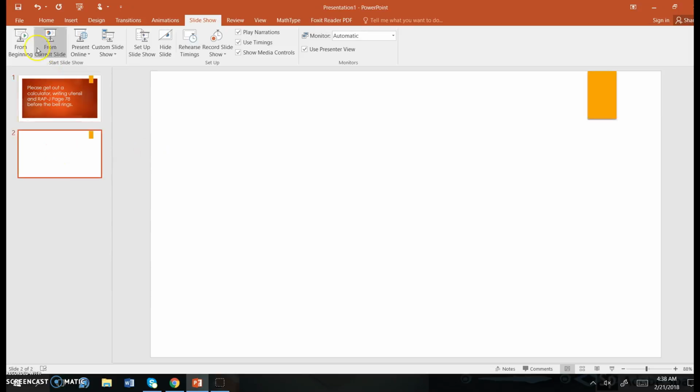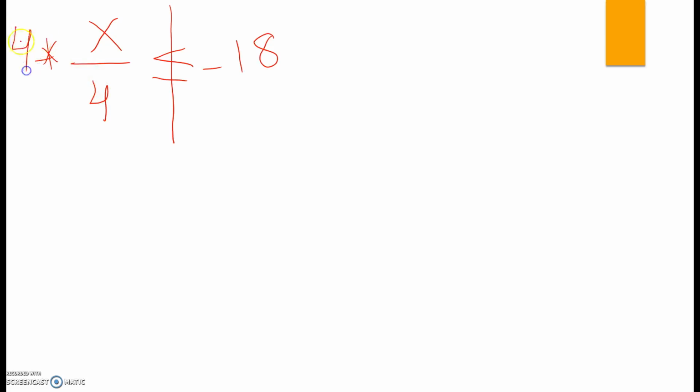Okay? Then we're going to do number 2. Number 2 says x over 4, so really x divided by 4, is less than or equal to negative 18. Just like our equations, we split it at the inequality sign. We're dividing by 4, so we've got to multiply by 4 to get rid of it, so they kind of cancel each other out.